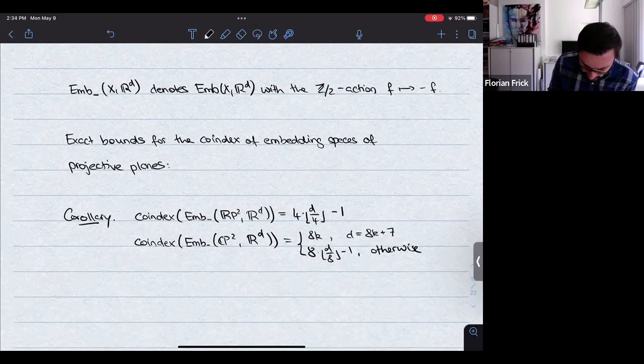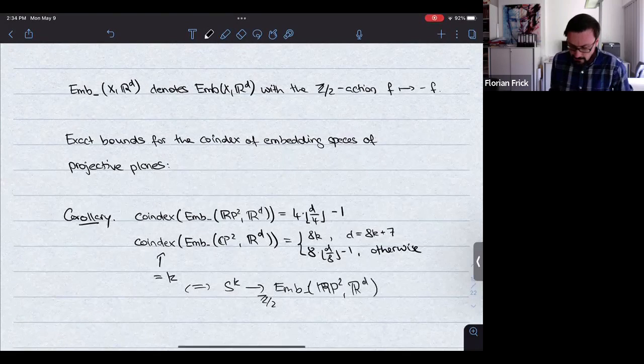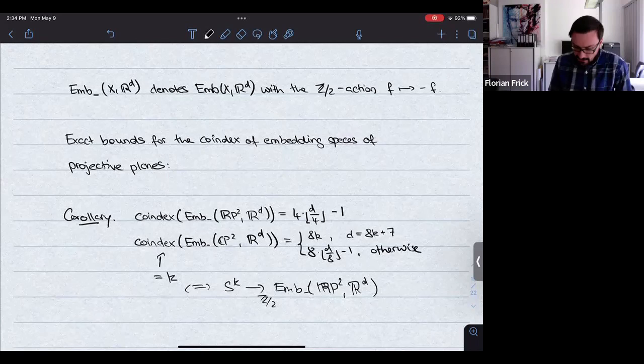So if this is k, then this means there's an S^k map that's Z mod 2 equivariant into the space of embeddings. Yeah, so this is a higher notion of achirality. An embedding and its minus just have a different Z2 action. Right, it has this Z mod 2 action.